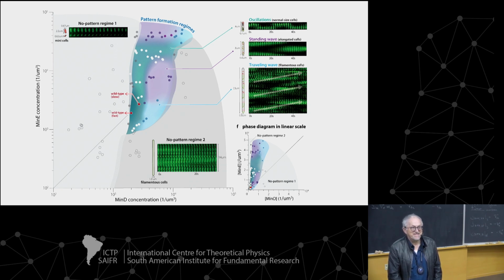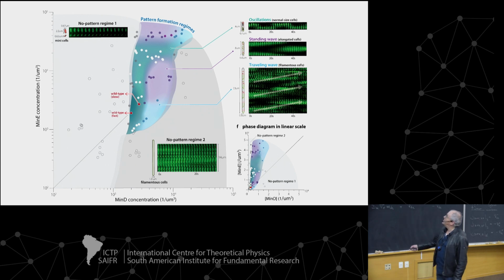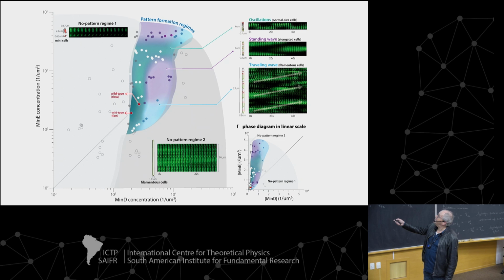Yeah, is there a reason why there seems to be an optimal min-D concentration for a wide range of min-E? Does that come from the model anywhere? What do you mean? So a bacteria, to be able to divide, wants to be oscillating. So we would be looking at the turquoise area, and for that, it's pretty much around a very narrow min-D concentration until it gets to that other min-E value.